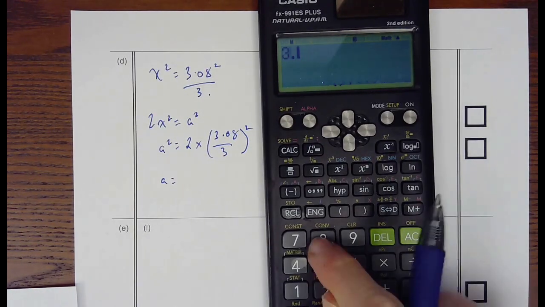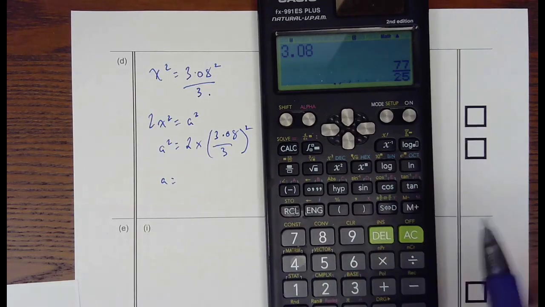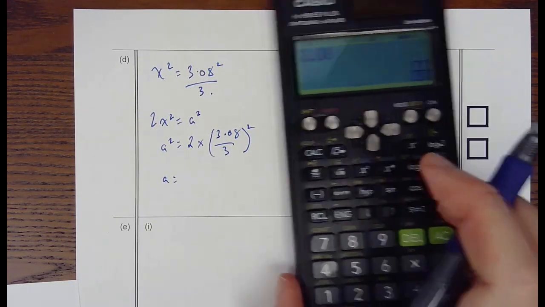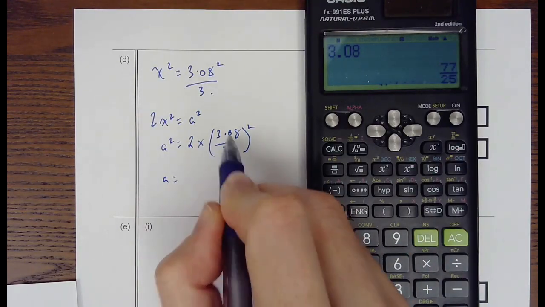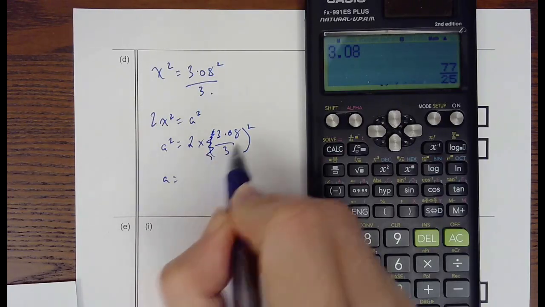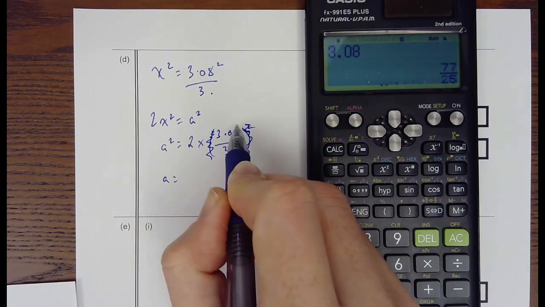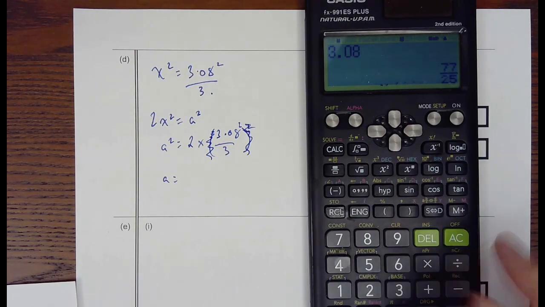So let's try that. 3.08. I think I could make a mistake here. What am I doing? That's not all squared, is it? Let's put it like that. Very, very ugly. Bad maths.